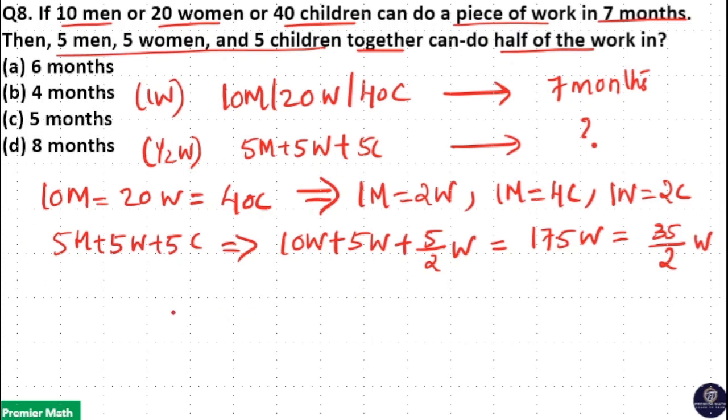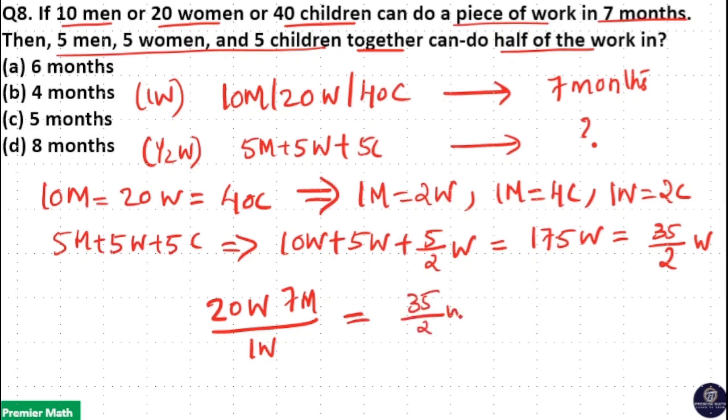Now, if 20 women can do one work in 7 months, then 35 by 2 women can do half of the work in X months.